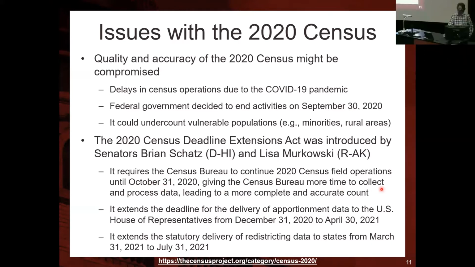So the Census Bureau would have more time to collect and process data and have a more complete and accurate count. It also extends the deadline for delivery of apportionment data to the US House of Representatives from December to April, and extends the statutory delivery of redistricting data to states from March to July 2021.